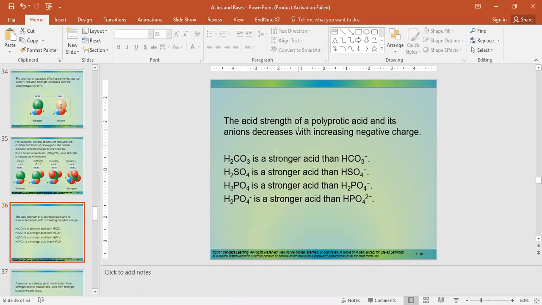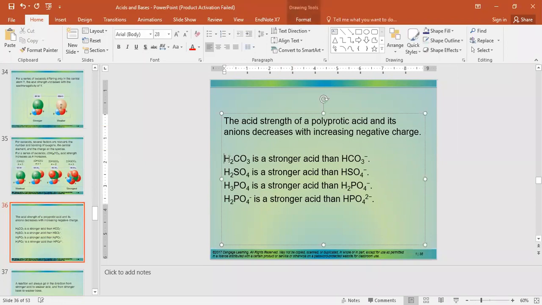For example, if you compare these two, the charge here is 0 and the charge here is -1. As you move from 0 to -1, there is a decrease in the strength of that acid, meaning that this is stronger, this is weaker, and the trend continues for the others.